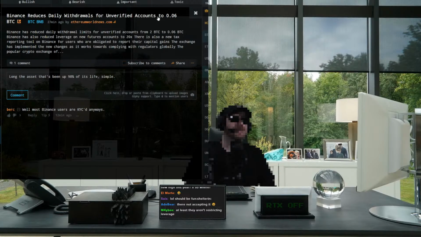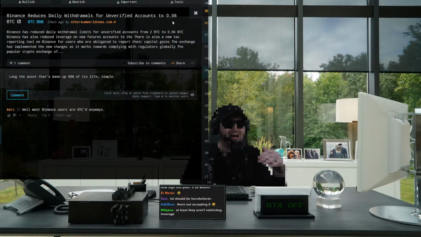This is bullish, because this means that for an unverified, unregulated exchange, they're being pressured. Let's convert this 0.06 into a 10K minimum value. 0.06 BTC will be 10K minimum in the near future, because after that you have to report taxes, you have to comply.